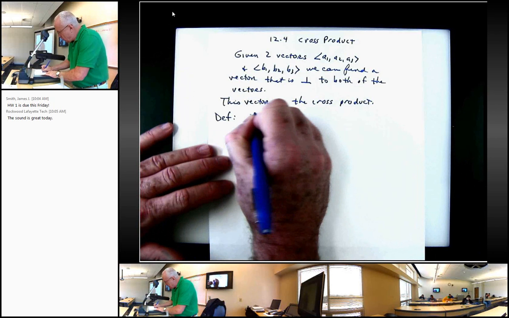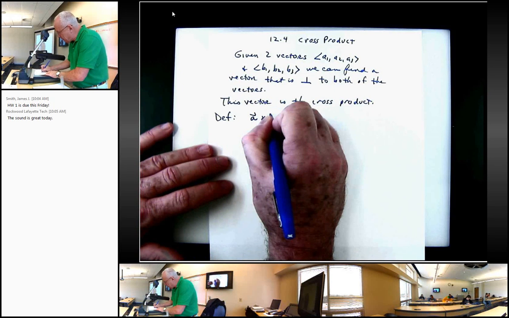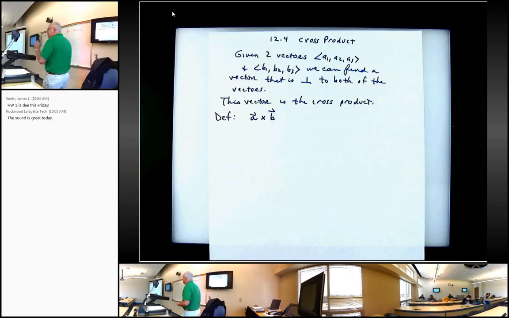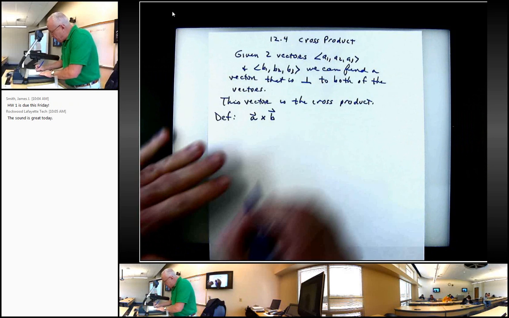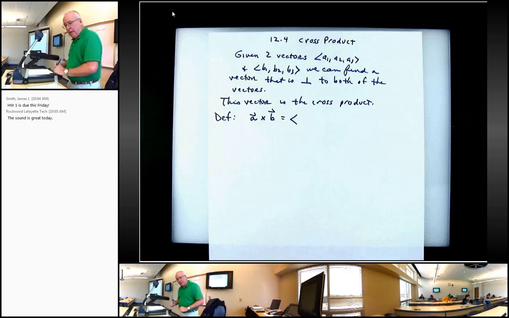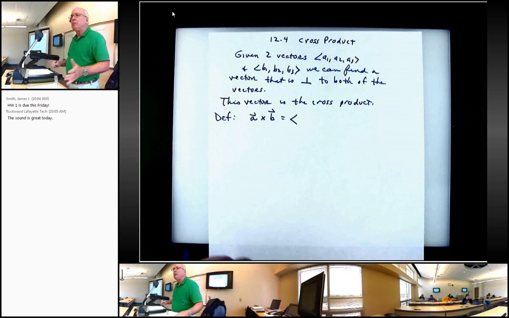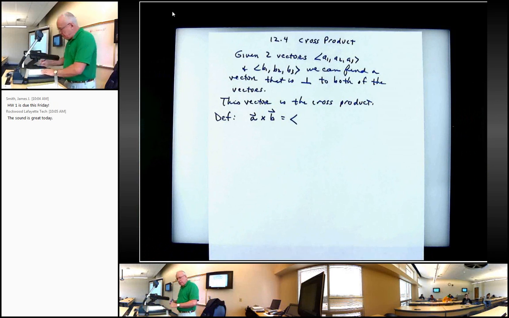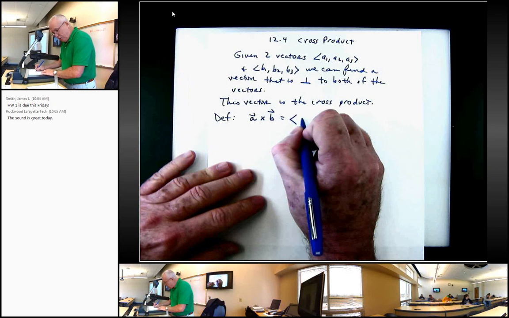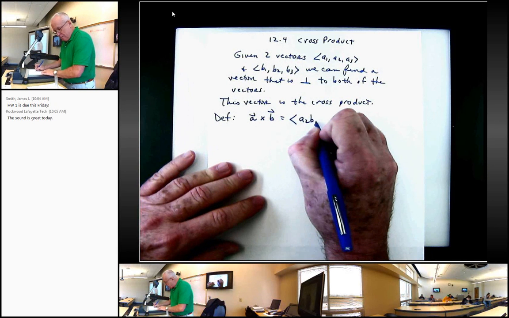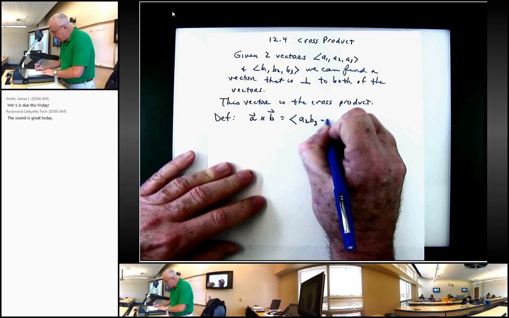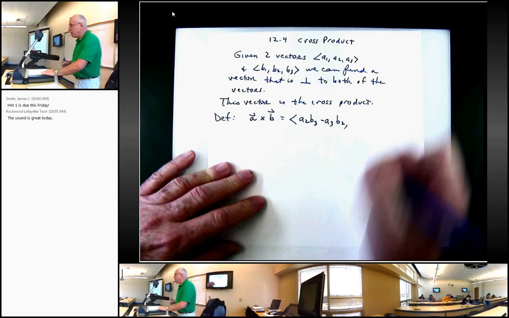A cross B, so it's like a multiplication symbol, except it's not the dot, it's the cross. The cross product is equal to the following three-dimensional vector. And now this is a very simple formula to immediately be able to memorize. A sub 2, B sub 3 minus A sub 3, B sub 2. That's our first component.